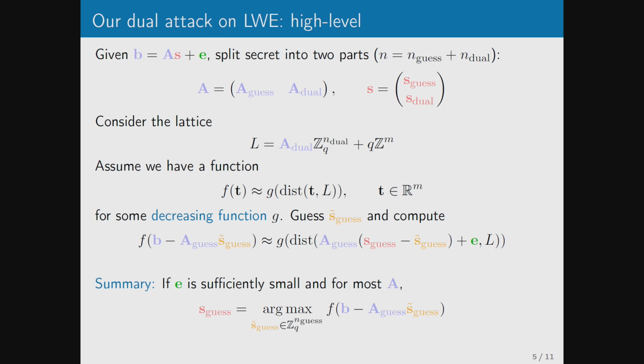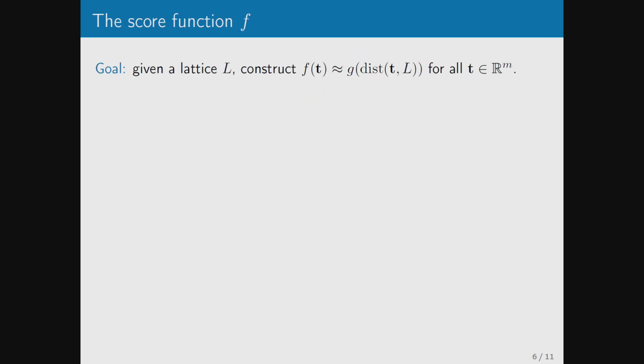Great. Now we're done, except we're not, of course, because all of this relies on the magic score function f that we need to construct. Remember, this function needs to measure the distance between its argument and this lattice L constructed from A dual.